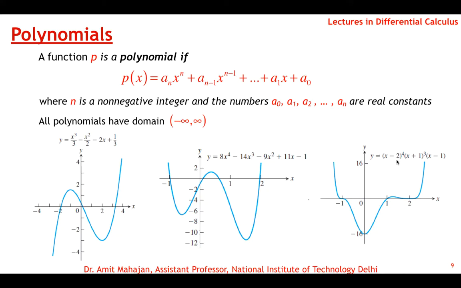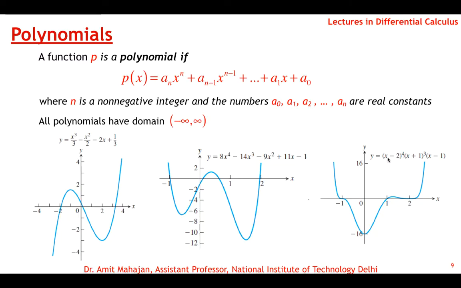Again, in this last curve you will see one important thing. We said earlier, when we talked about the functions y equals x squared, y equals x to the fourth, y equals x to the sixth, how the curve tends to flatten near the axis. So you see x minus 2 to the power 4.